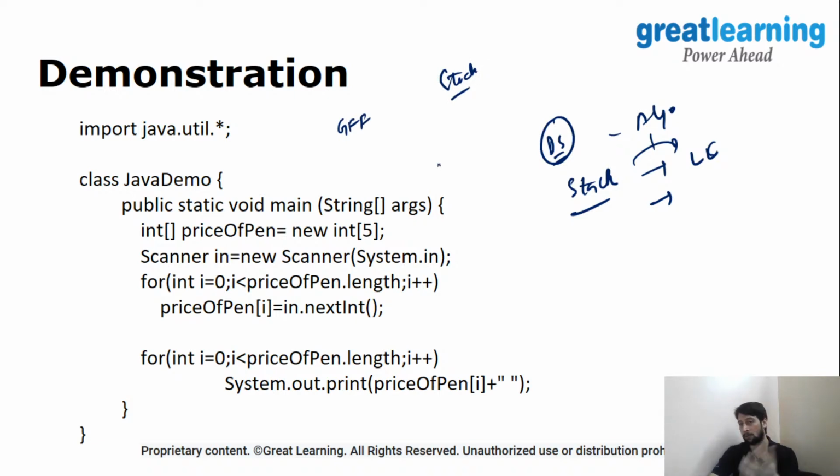GeeksforGeeks has a good archive of these stack questions. Also every data structure that is there, they have a good archive. Let's suppose you want to implement stack, you can just write stack GeeksforGeeks. It will show you the questions wherein you can use stack to implement those, okay?